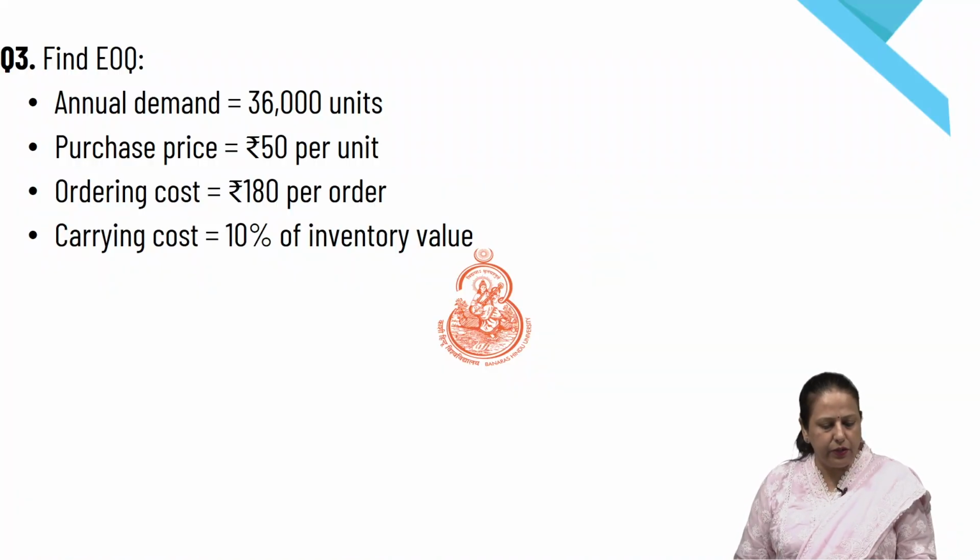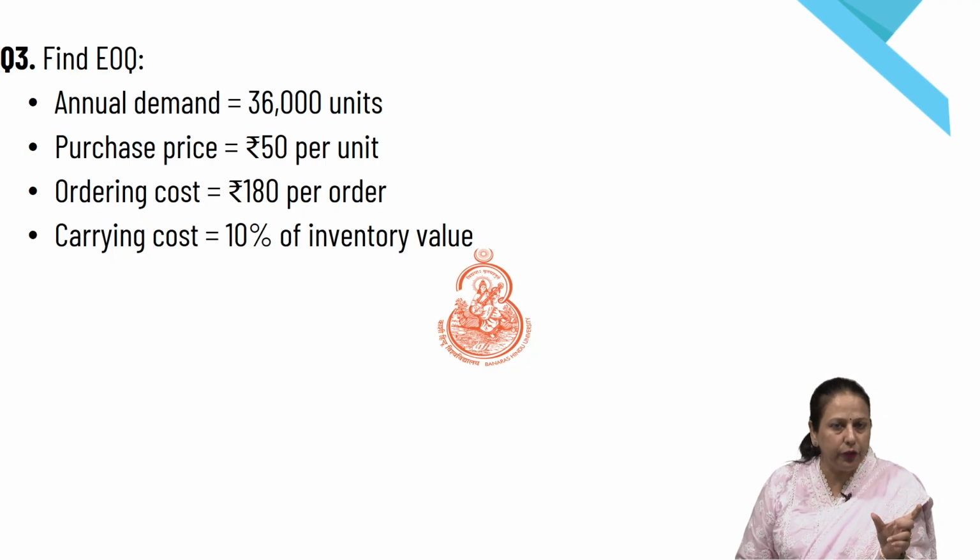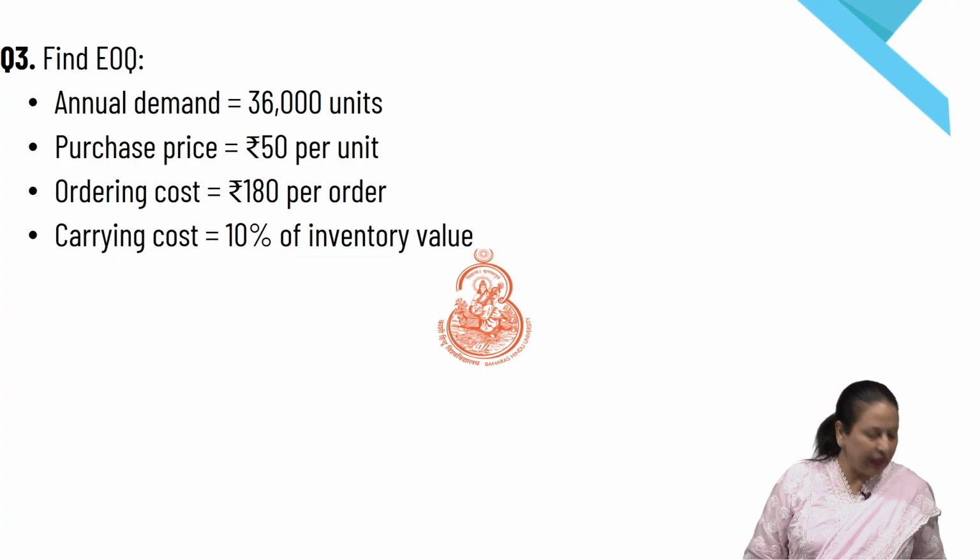The rest of the question you have to solve yourself. When you calculate the carrying cost, just take 10% of 50 per unit multiplied by 36,000 units, that will be the total, or if you just calculate 10% of the 50 rupees per unit, that rupees 5 is equal to your carrying cost. That is just a hint for your question.